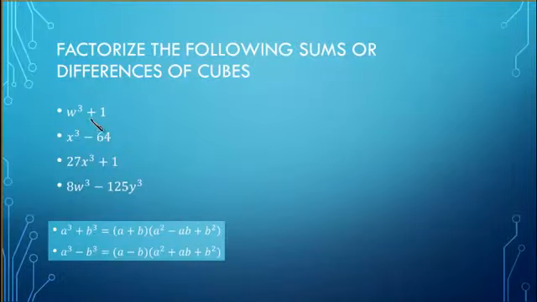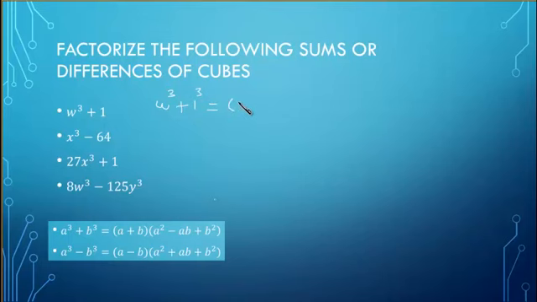In this case, it should be obvious that we have a sum of two perfect cubes. So let's write this expression so we can see that there are two perfect cubes. That's w cubed plus 1 cubed. Remember, 1 times 1 times 1 is 1. And so then we can apply this identity in a straightforward manner.